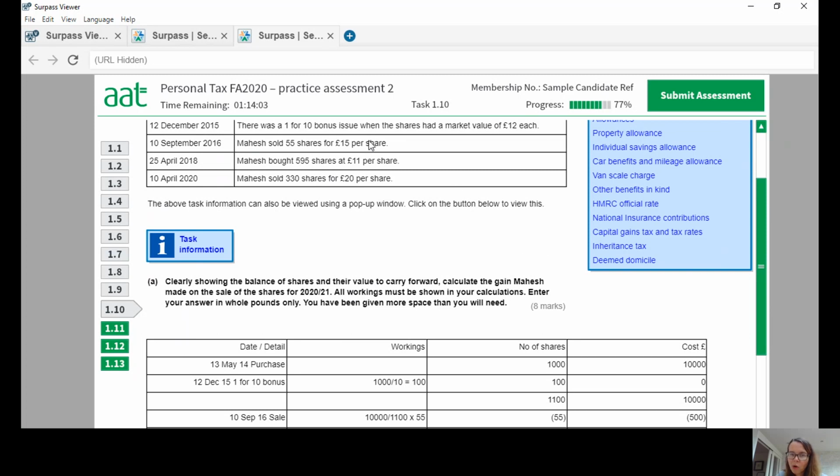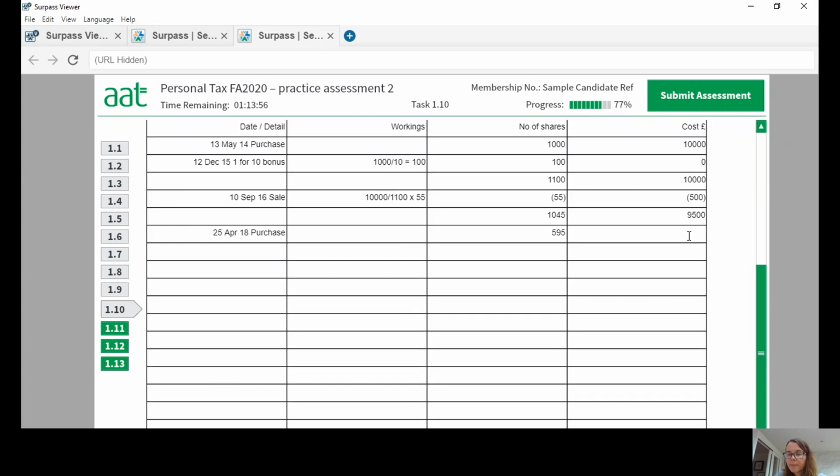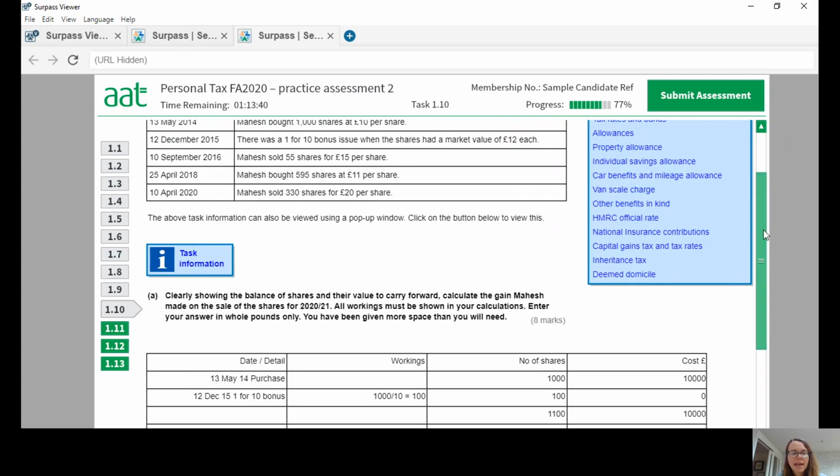As you remember, you're only dealing with costs and not market values and selling prices and all sorts. So 595 times 11 is 6545. Add that on, so running totals 1640, 16045. And then we come to our sale in question.